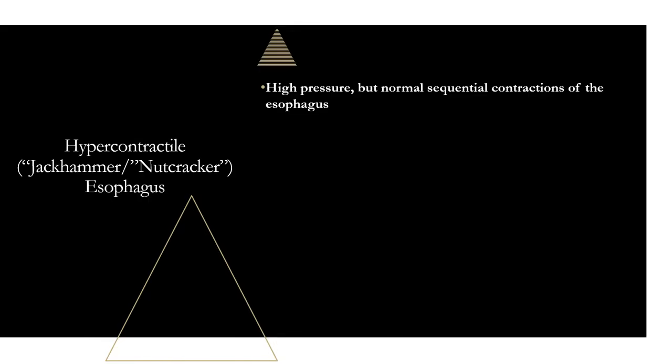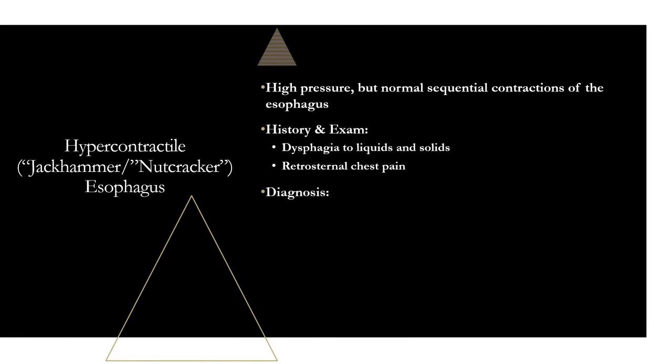It's just much stronger than normal. So history and exam, again, very boring. Dysphagia to both solids and liquids, retrosternal chest pain, pretty straightforward. Diagnosis, surprise, esophageal manometry. Esophageal manometry is just going to show this increased strength or pressure of the esophageal contractions. Again, remember that the catheter is pressure sensitive, so you'll see this increased strength.